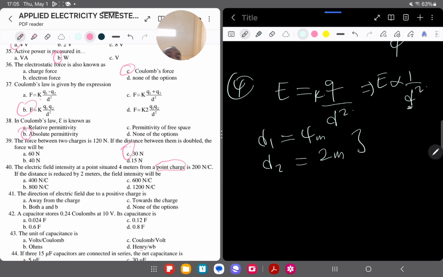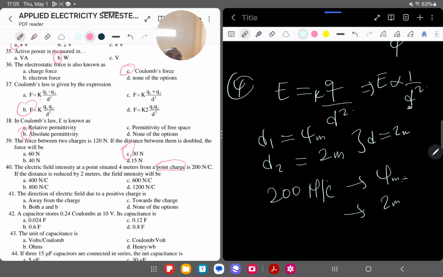So the difference between d1 and d2 here is 2 meters. Again, I can use the first method. Here we are given the electric field intensity is 200 newtons per coulomb, which corresponds to 4 meters. Now we have to find it if this is reduced to 2 meters, meaning you just reduce this by 2.